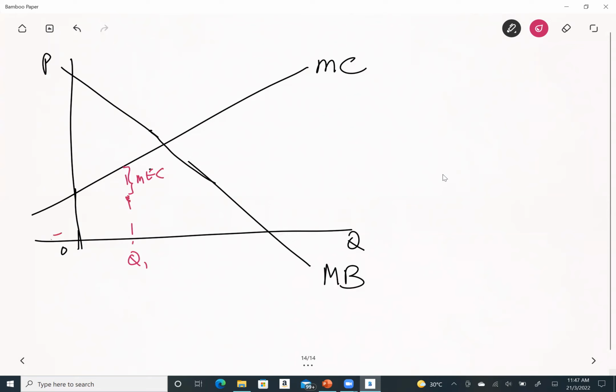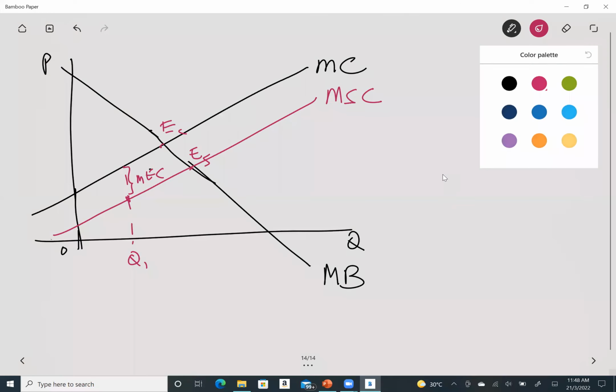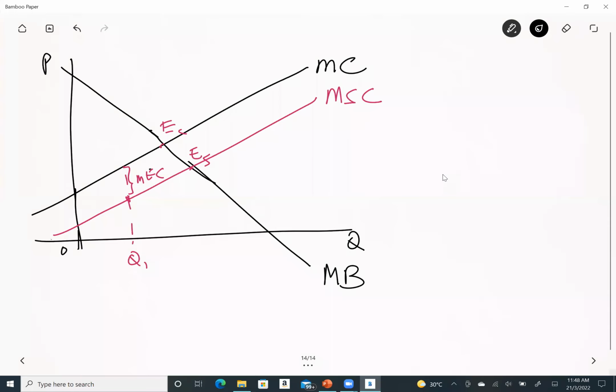So MSC is on the right. I want you to locate the equilibrium. I have your EC, I have your ES. So do the comparative statics. What can you say? Compare the equilibrium output, compare the equilibrium price. So what can we say?